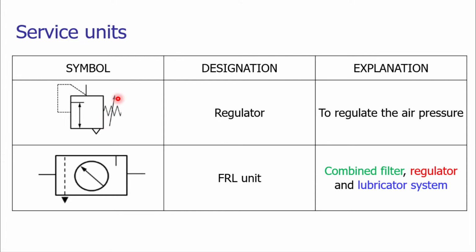For that purpose the arrow has been mentioned, and when the system pressure increases beyond the critical pressure, the set pressure, or we can call that the cracking pressure, then the compressed air has to be vented out. It has to be sent to the environment. For that purpose, a small open triangle, not a filled triangle, is there at the bottom side, which indicates that the compressed air has to be vented out.